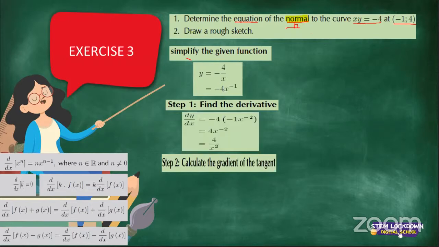And then use our rules of differentiation to find the derivative. And then after we find the derivative, you can substitute the value of x into the derivative to get what? Your gradient. So this is your value of x.